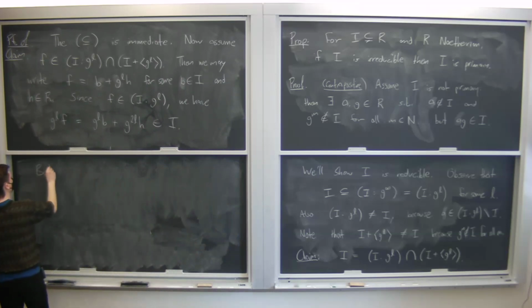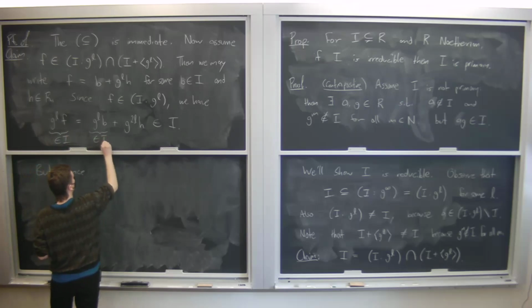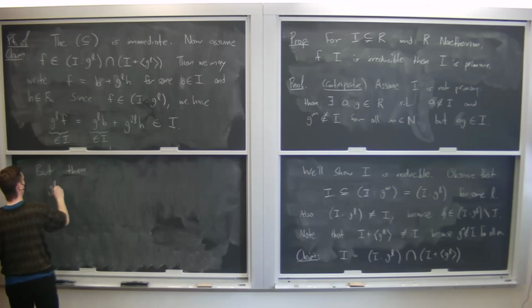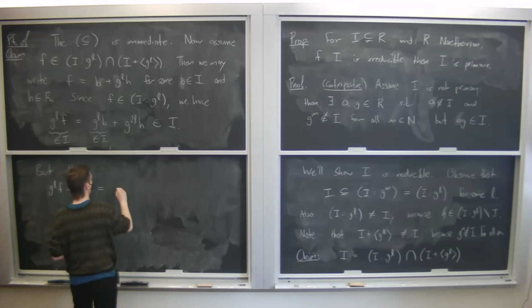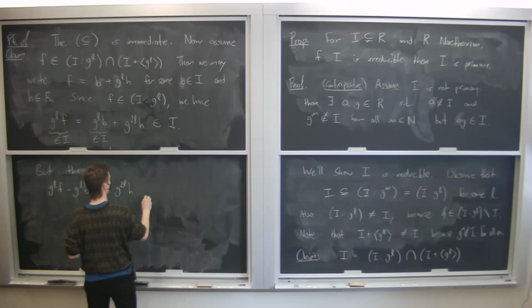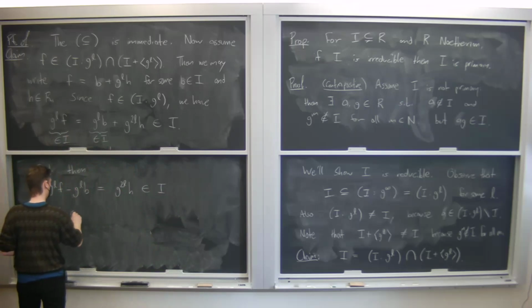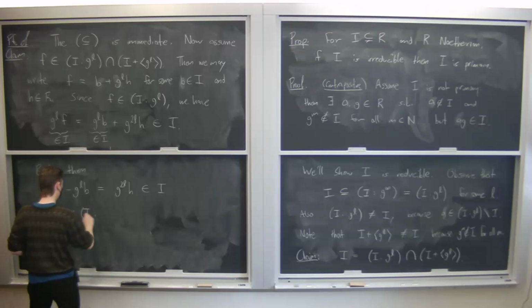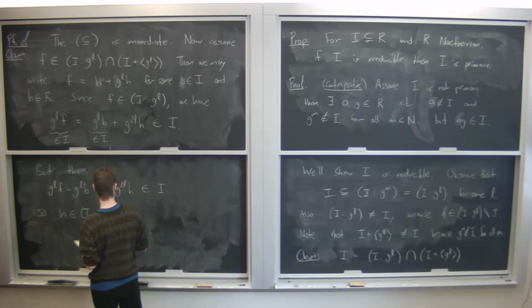But since this is in I, and this is in I, then G to the L times F minus G to the L times B, which is G to the 2L times h, is in I. So h, if I hit it with g to the 2l, I wind up in I. So h belongs to the colon with respect to g to the 2l.